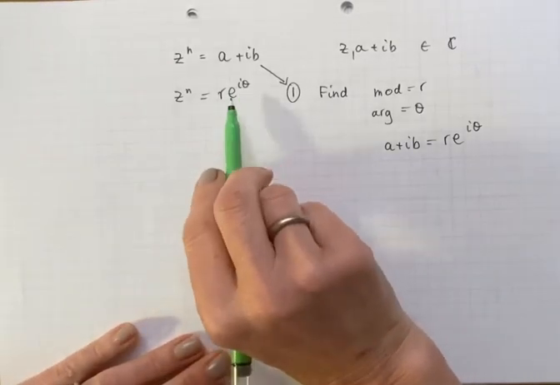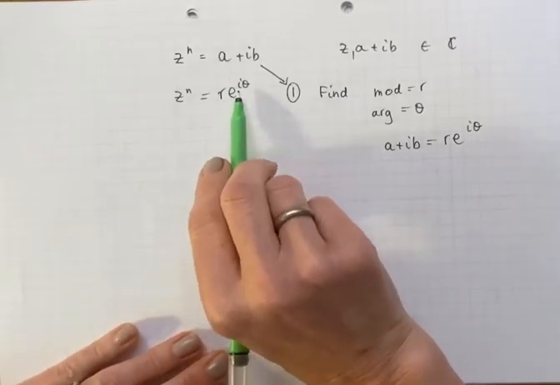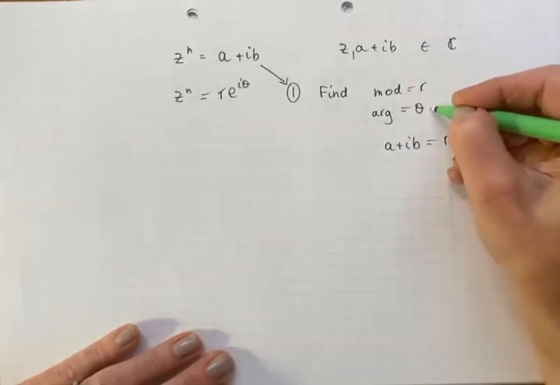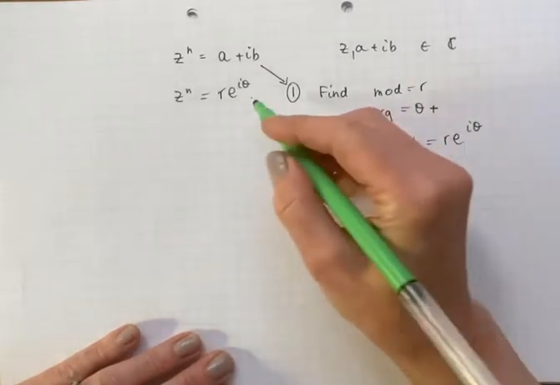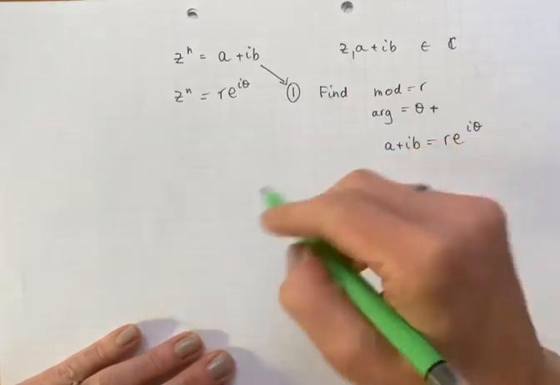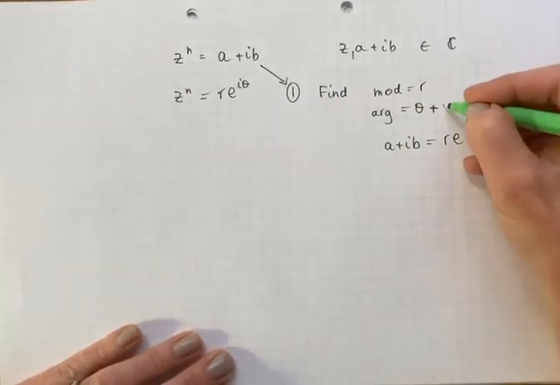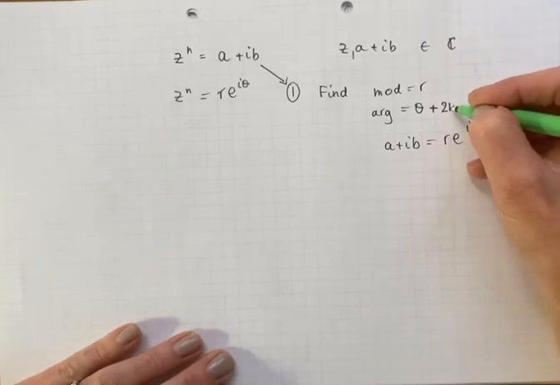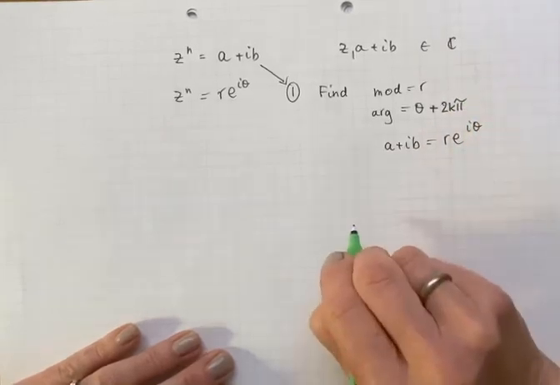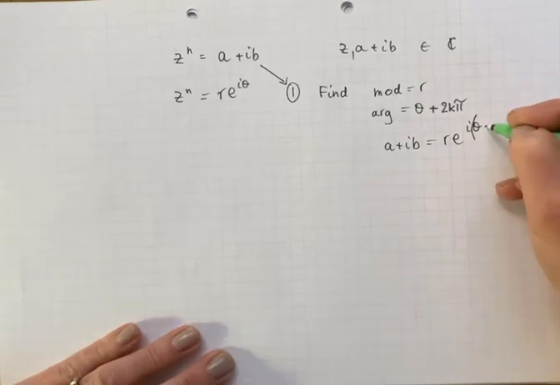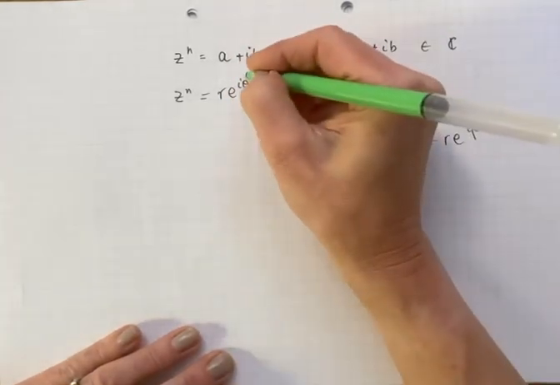Then you're going to use de Moivre's theorem, but before you do that, you're going to account for the fact that this argument repeats itself every time you do a 2 pi turn. So you put 2k pi is the argument. So over here we are going to add 2k pi.